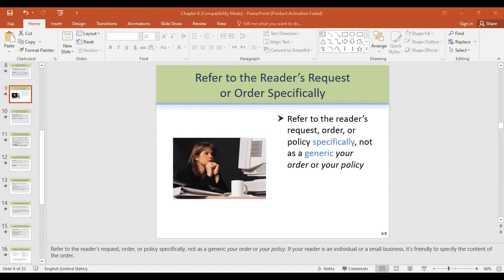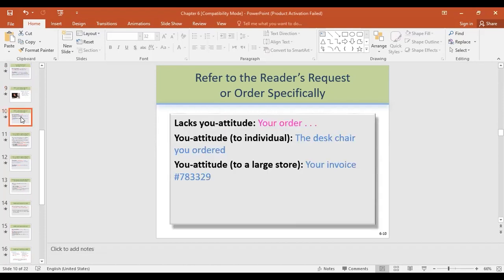So, this is the most important example. Please also focus with me. So now we have three cases. Lacks you attitude, your order, blah, blah, blah. You attitude, for an individual, what we have to say, and if you are talking to a big company, what you have to say. Okay, so let's say we have three types of readers.